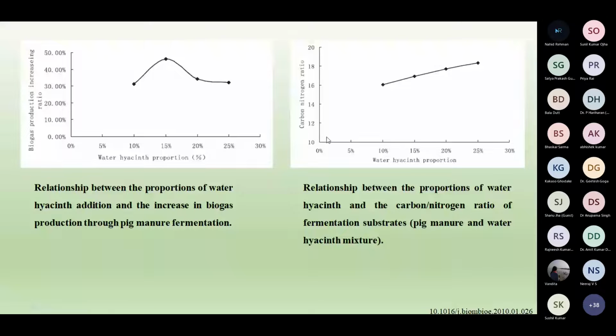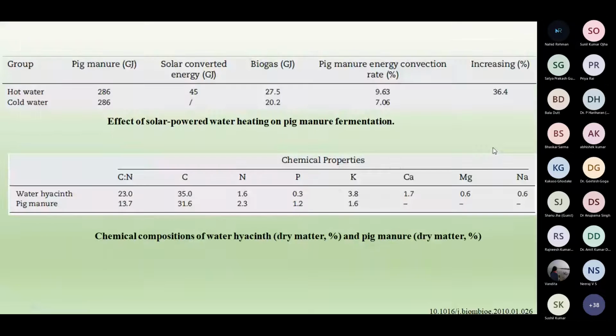And the carbon to nitrogen ratio varies when you vary the water hyacinth proportion. So this is the result. The chemical properties of these two sources have also been shown. And they use solar powered water heating of this tank, so no need to supply extra energy.